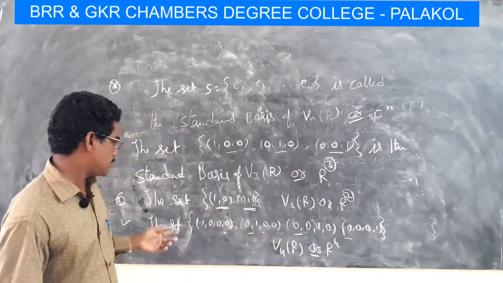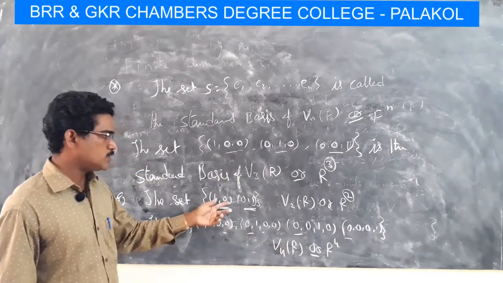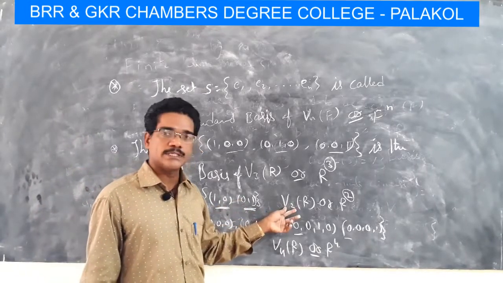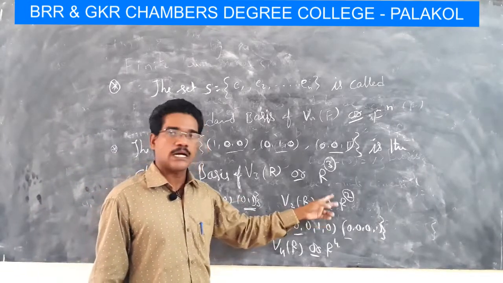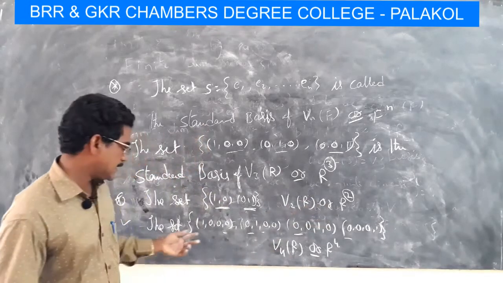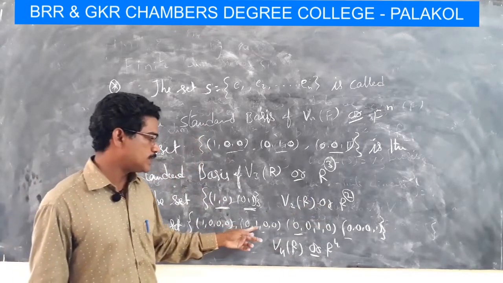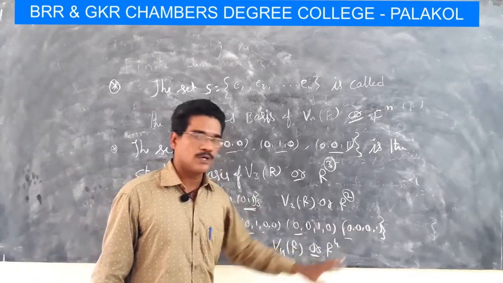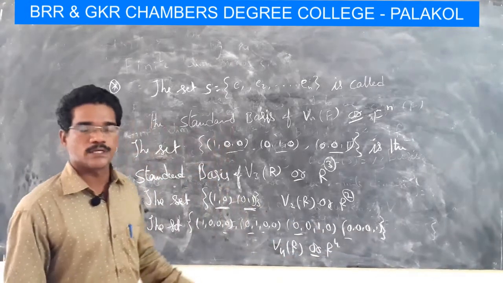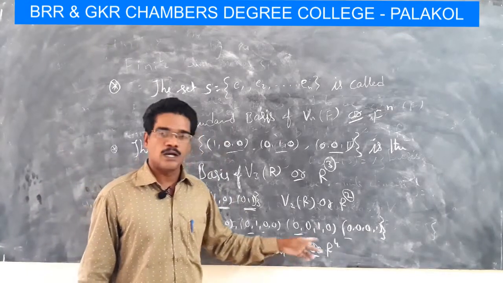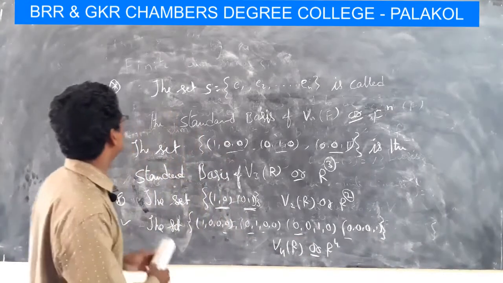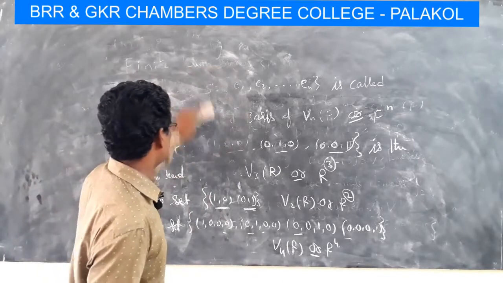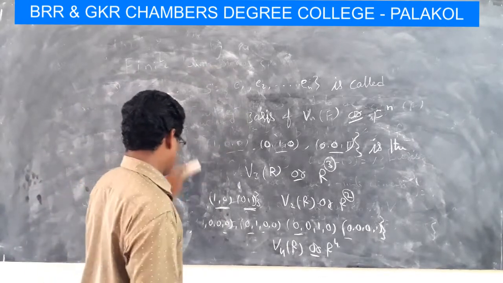The set (1, 0), (0, 1), with 2 coordinates, is the standard basis of V2 of R, or R square. Next, the set (1, 0, 0, 0), (0, 1, 0, 0), (0, 0, 1, 0), (0, 0, 0, 1) is the standard basis of V4 of R, or R power 4. These are the standard results on the standard basis.